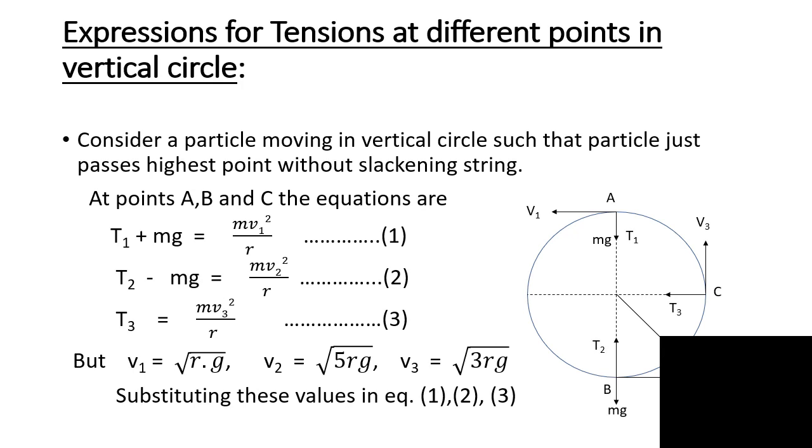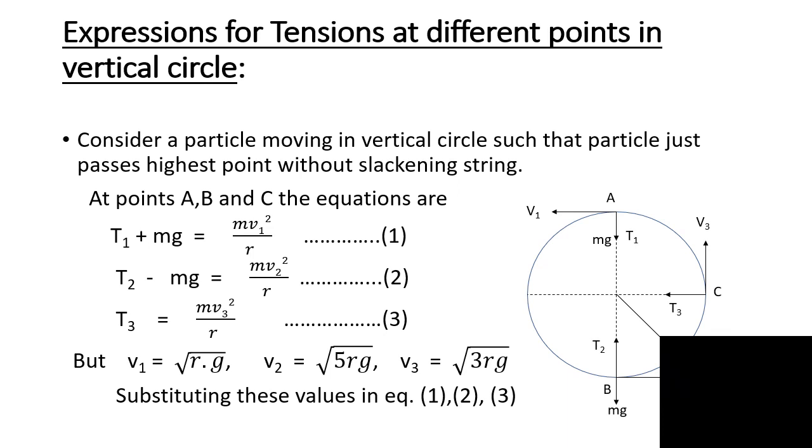Next, expression for tensions at different points in the vertical circle. For that, consider a particle moving in a vertical circle such that the particle just passes the highest point without slackening the string.